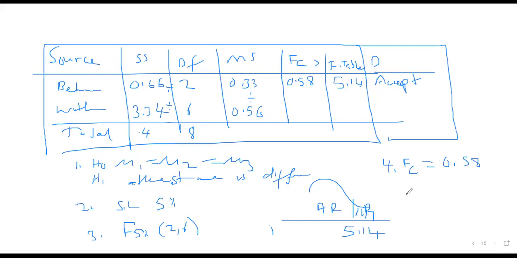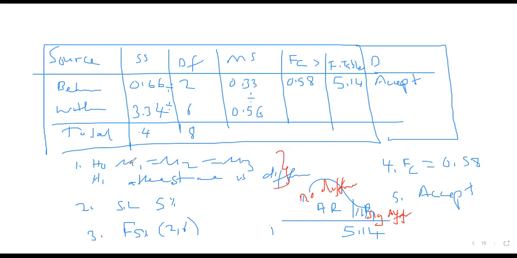Then step 5, we make a decision. Accept H0. When you accept H0, it means there's no statistical significance or difference. No difference in short. When we reject, there's a significant difference, based on the hypothesis here.